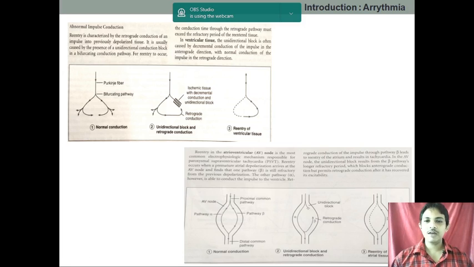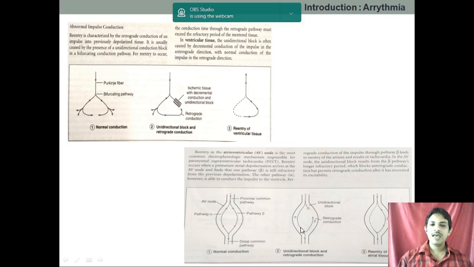Now here we can observe that in this particular case also there is a unidirectional block in this area. For example, in the beta pathway there is a unidirectional block. If there is a unidirectional block, what will happen?